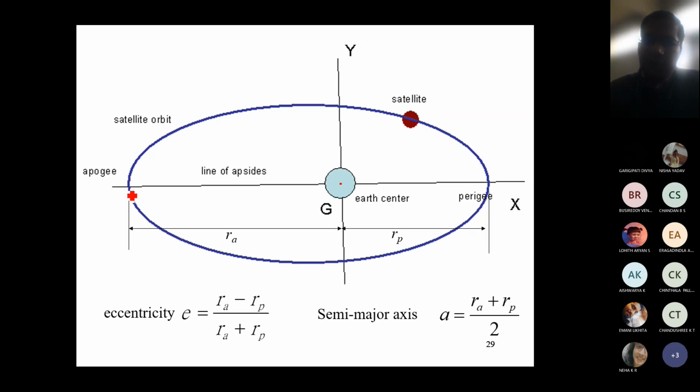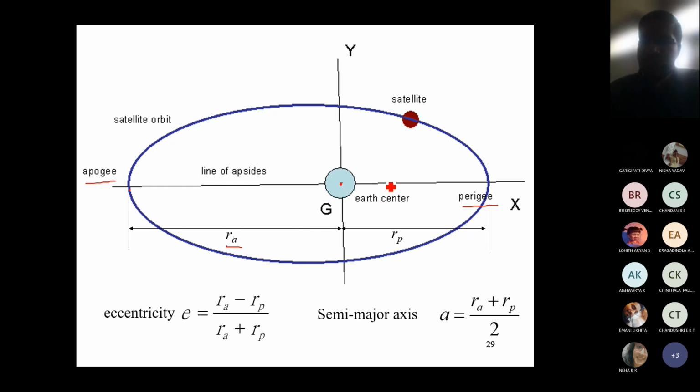The point which is away from the Earth is called apogee, and the point which is close to the Earth is called perigee. The red mark point represents the center of the Earth. From the center of the Earth to the apogee point, this distance is denoted by RA.